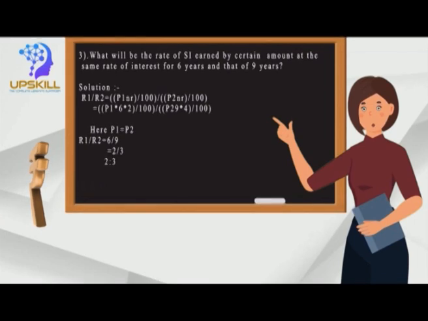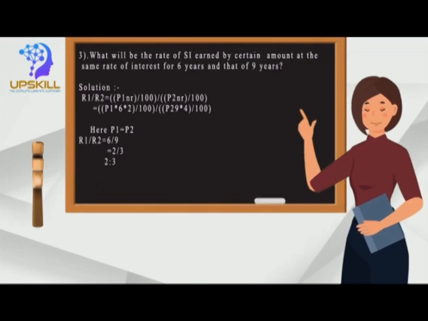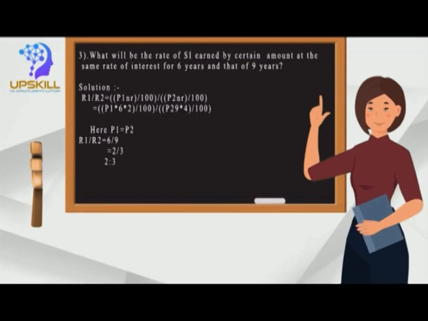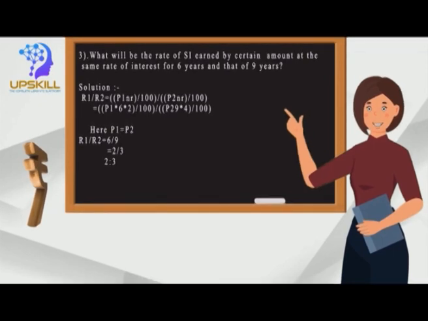As we don't know the value of the principal amount, we will put P itself. For the first, it is 6 years and the rate is the same. So, we will put P into 6 into R by 100 divided by P into 9 into R by 100.